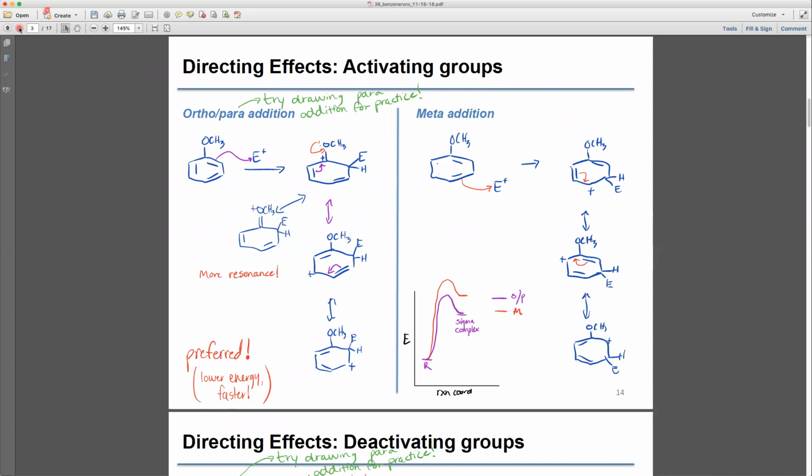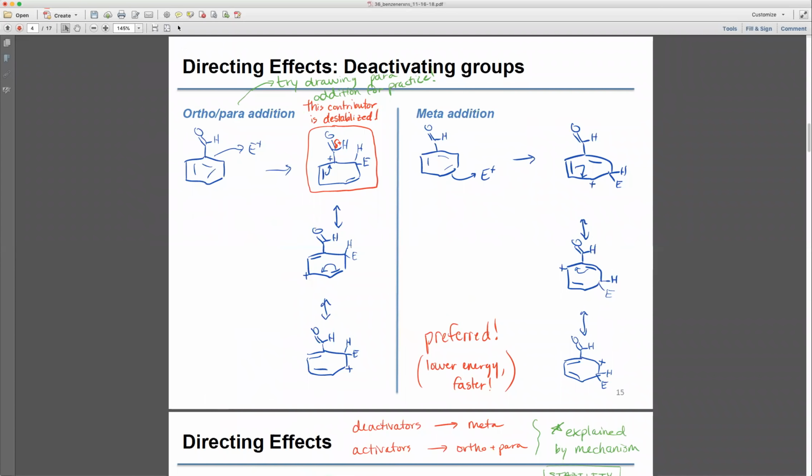Okay, then it's a little bit less obvious here in the deactivating groups, but the idea is that this particular contributor that's boxed in red is destabilized. So we have this partial positive charge from a carbonyl group or really any other electron withdrawing group, deactivating group that is a resonance withdrawer, especially this partial positive charge next to the formal positive charge in this contributor.